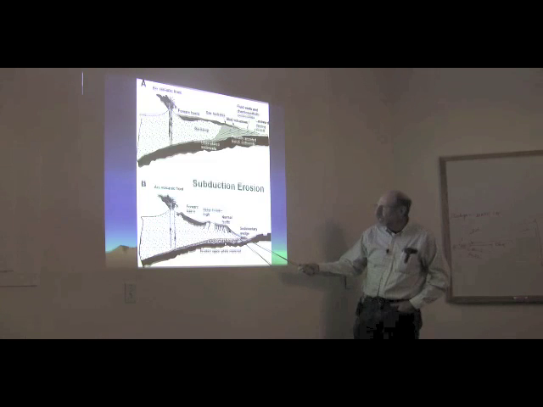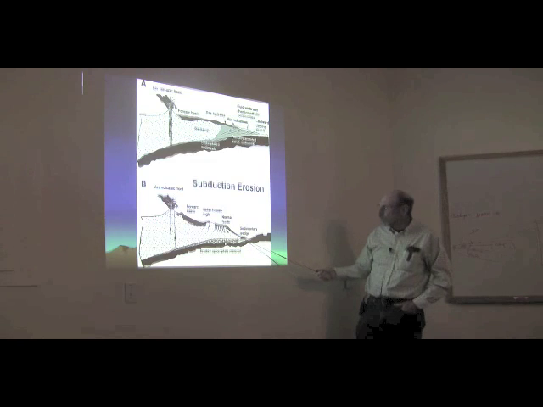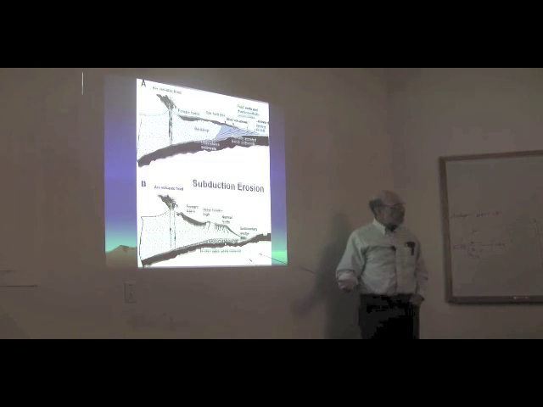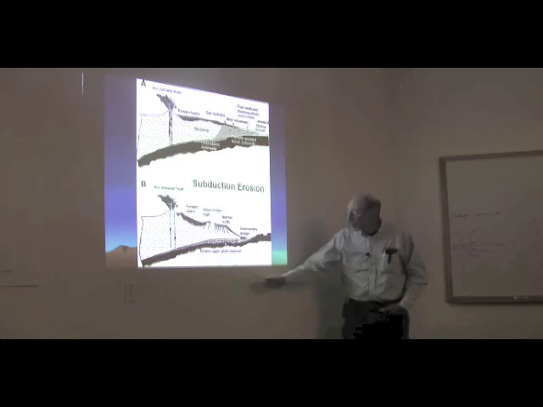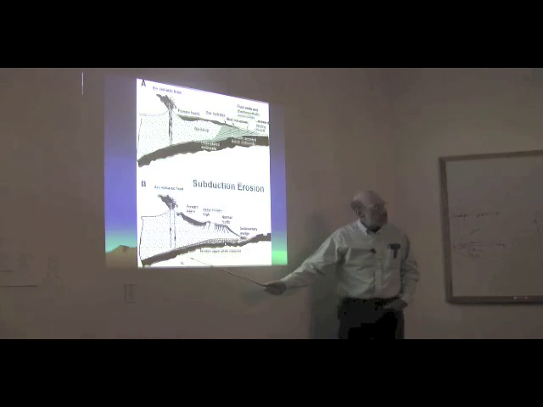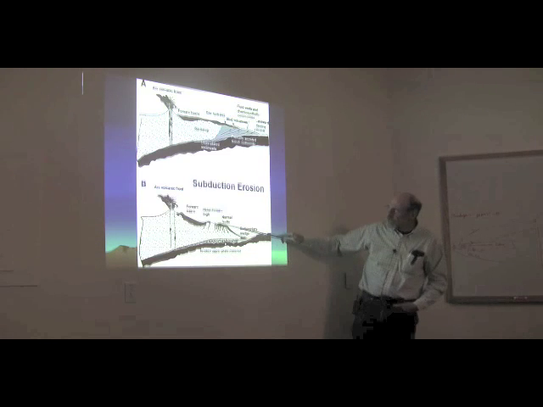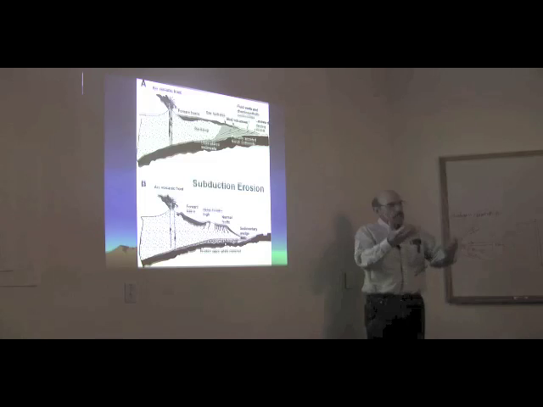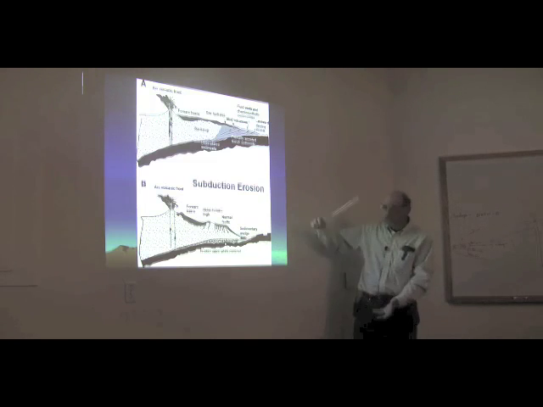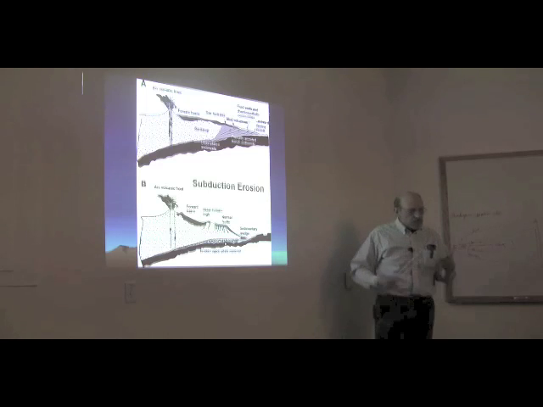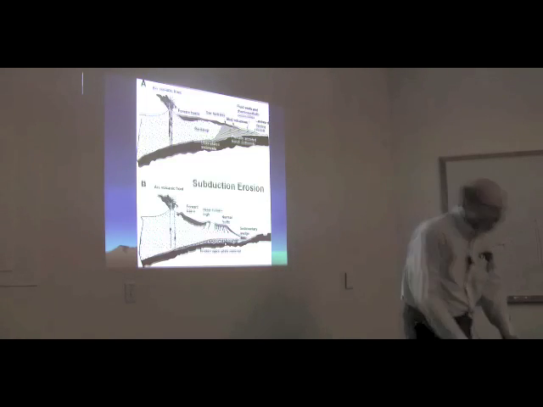So you can often see these basement rocks go right down to the trench, or almost to the trench. And secondly, by eroding away the stuff underneath, you're removing material, and so this forearc area, this region in front of the arc, tends to subside.